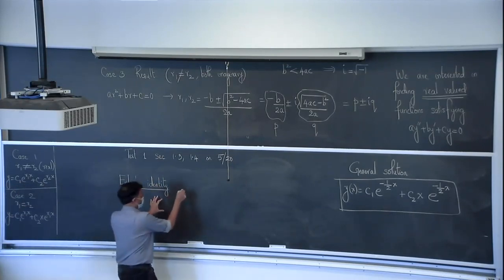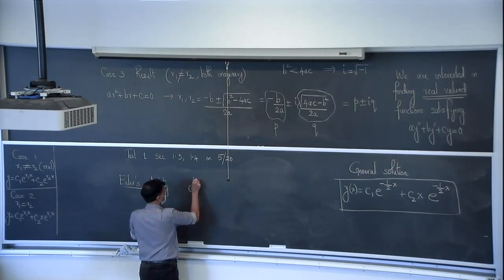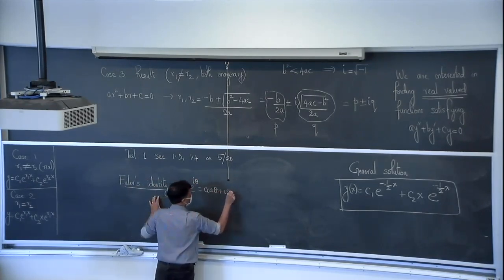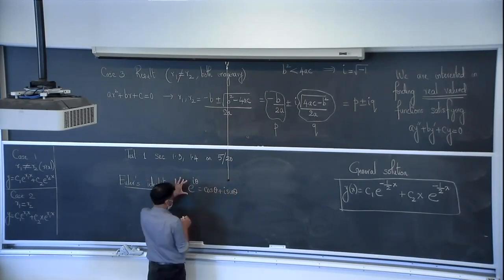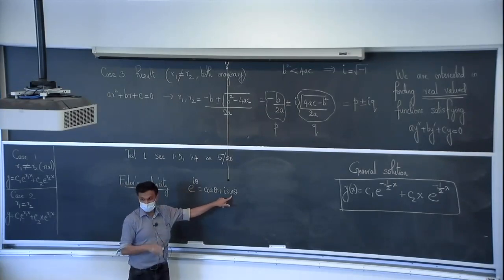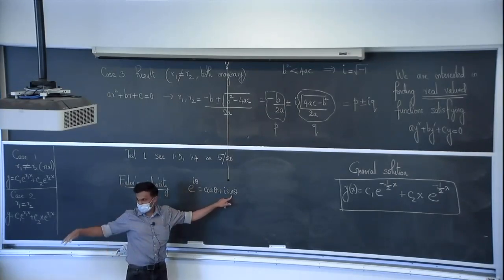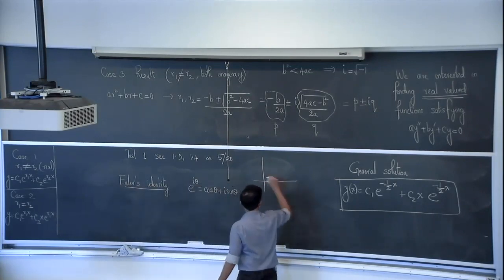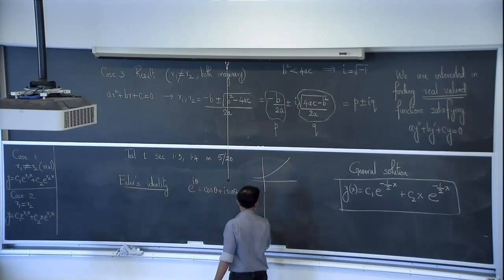Just look at the identity, it looks like this: E to the power of I theta is equal to cosine theta plus I sine theta. Remarkable that he could take an exponential function and write it in the form of a cosine and a sine function, which is both periodic and oscillatory. Because an exponential function, if you think about it, it's either going like this or going like this.